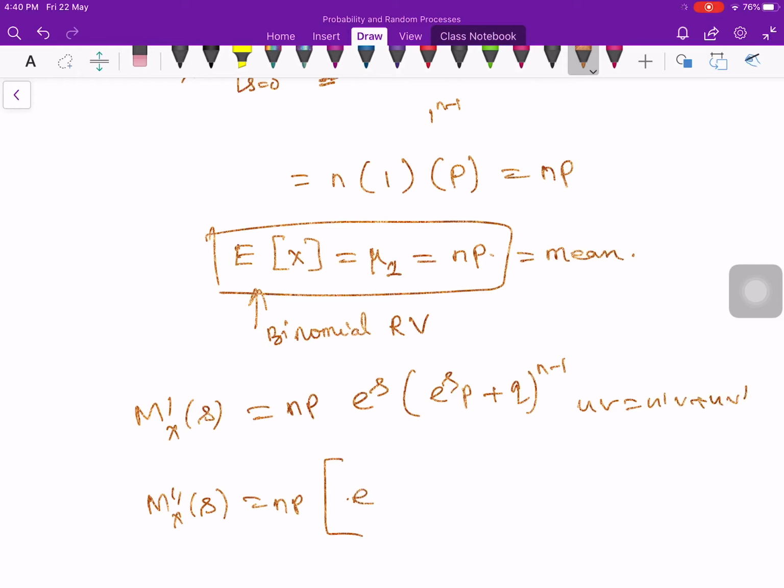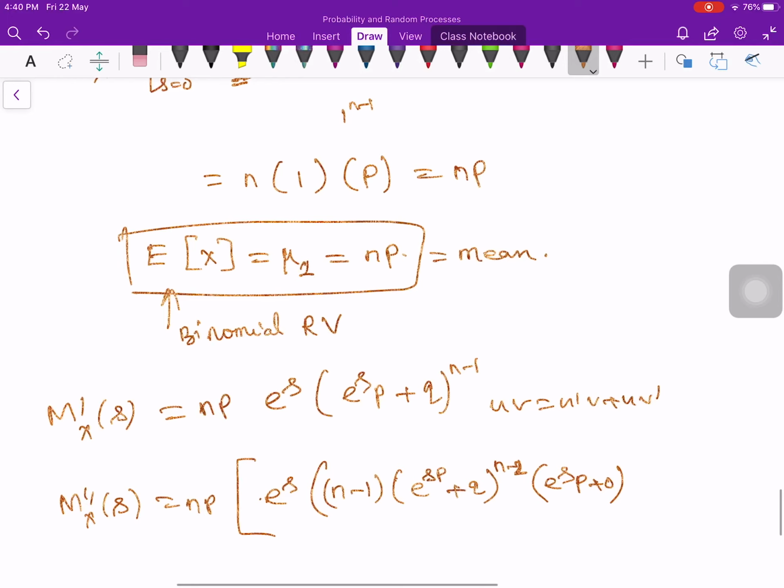U dash v again e to the s, and this is going to be n minus 1 times e to the s p plus q whole to the n minus 2. Again, if you differentiate inside, then e to the s times p plus 0.